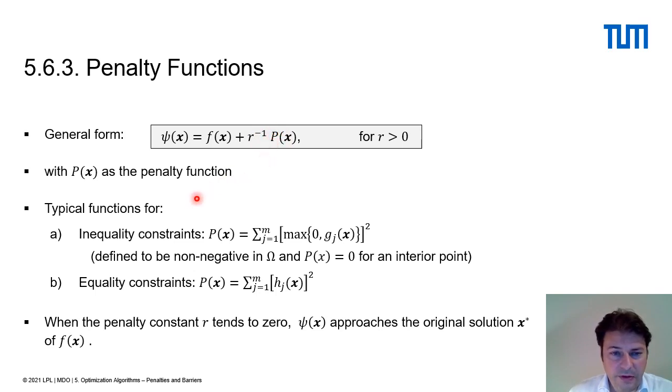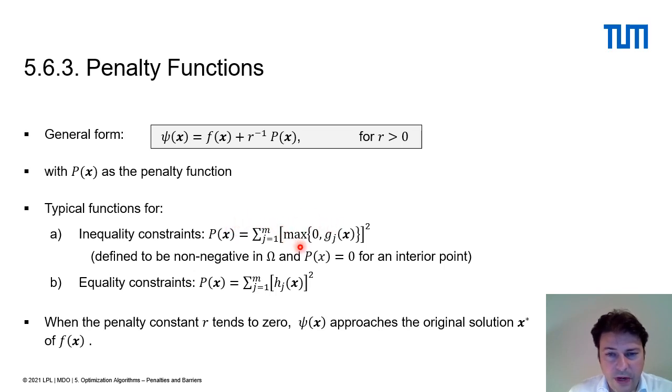And penalty functions let you enter the infeasible domain. That's nice because this way you can also treat equality constraints. But then, of course, you may operate in the infeasible domain where you don't want to be. So that's the disadvantage.